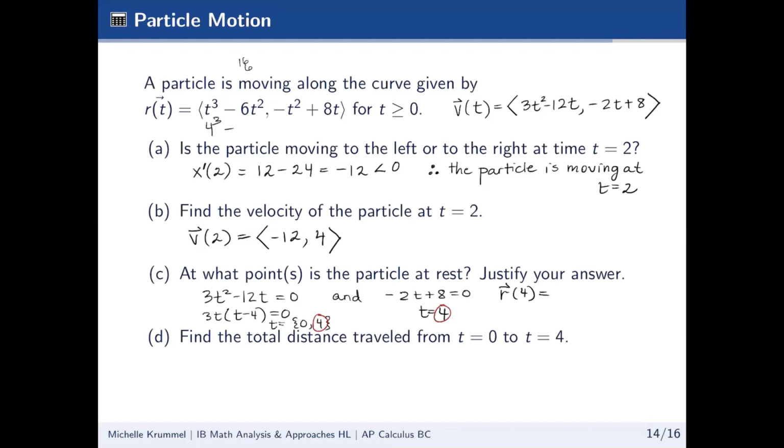That's 60 and 36 is 96. 64 from 96, 32. And then subbing 4 in for the y component, that's going to be negative 16 plus 32, which is just 16. Negative 32, 16.